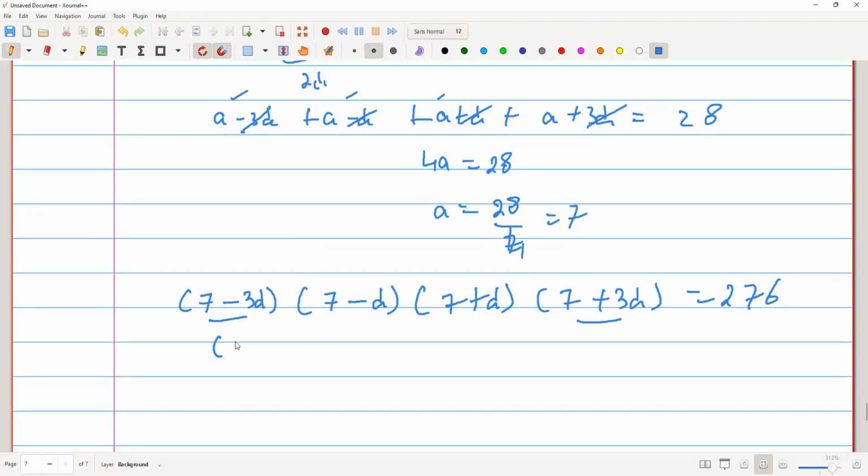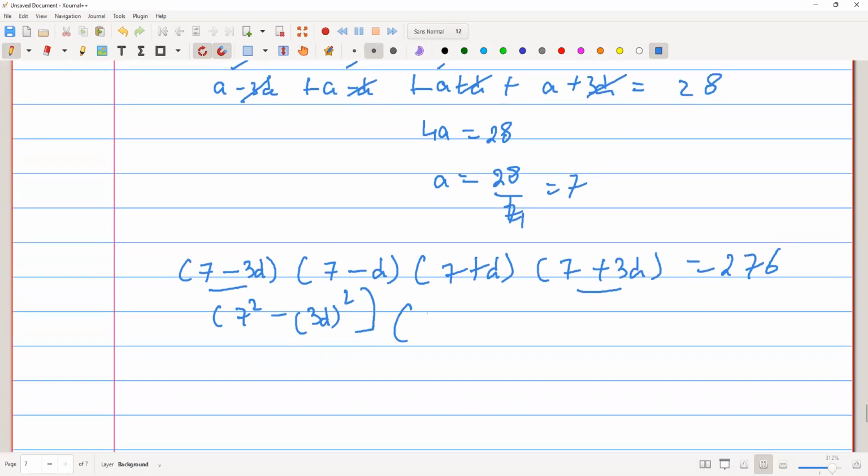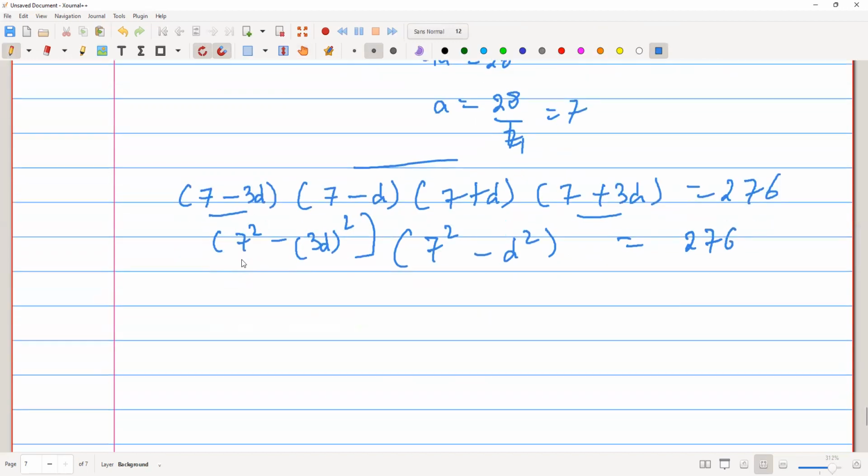So 7 square minus 3d whole square, then 7 square minus d square equal to 276. So again 49 minus 9d square, 49 minus d square equal to 276.